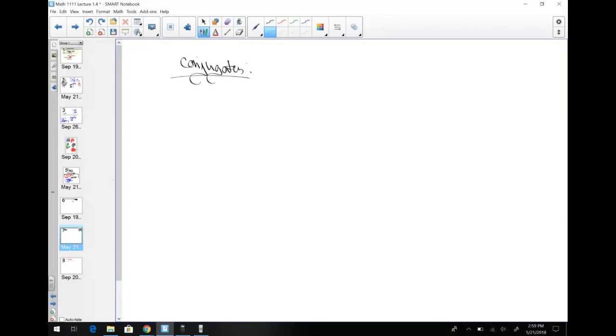Conjugates mean just to switch the sign in the middle, okay? So this means if I were given something like 3 plus 5i, then the conjugate would be 3 minus 5i.